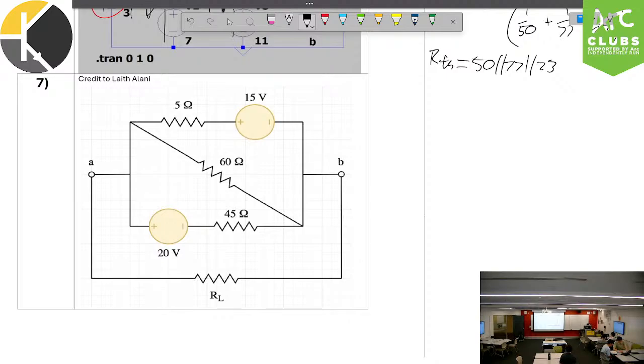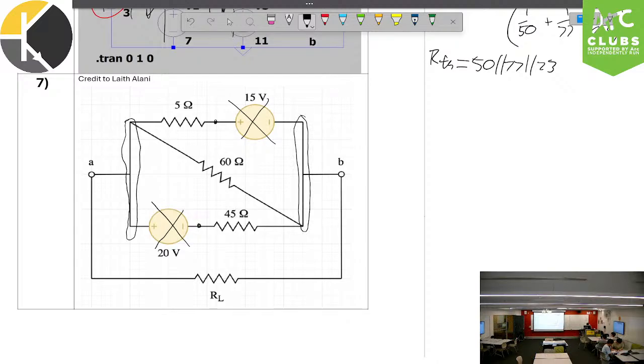So that would mean we would turn off this and we would turn off this, and as a result both of these sources would become short circuits. Now if we label all the nodes in this circuit diagram, we can see that this right here is one node, this is another node, this right here is another node, and that's another node.